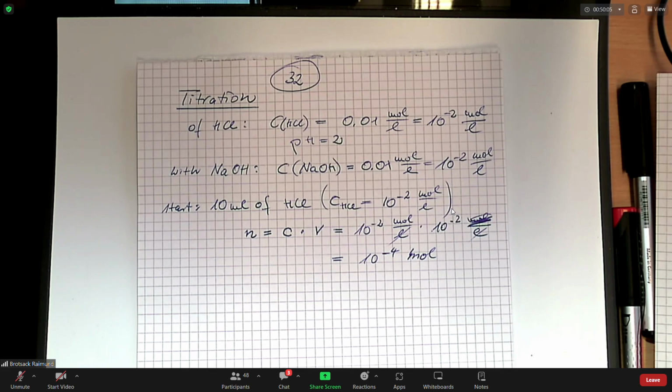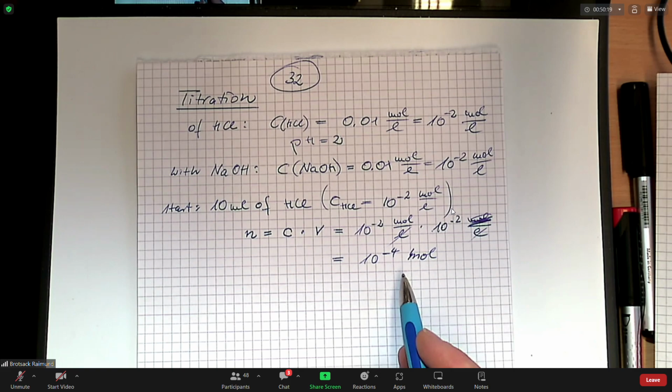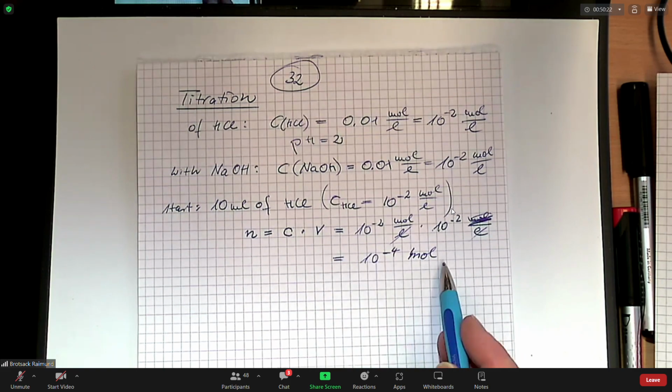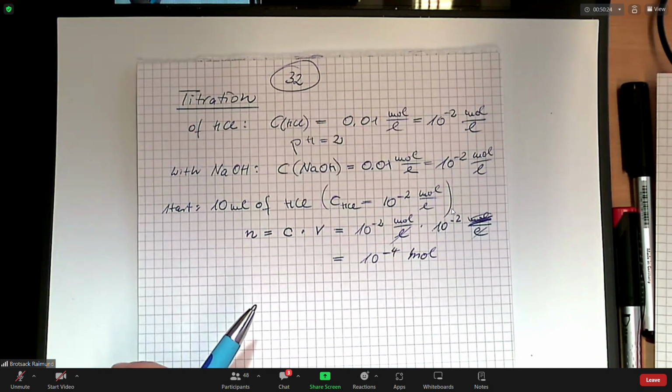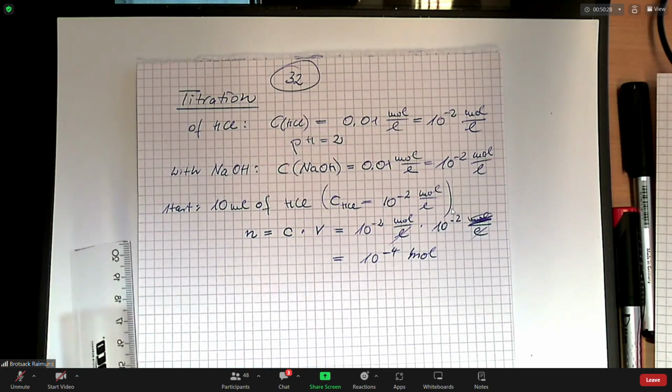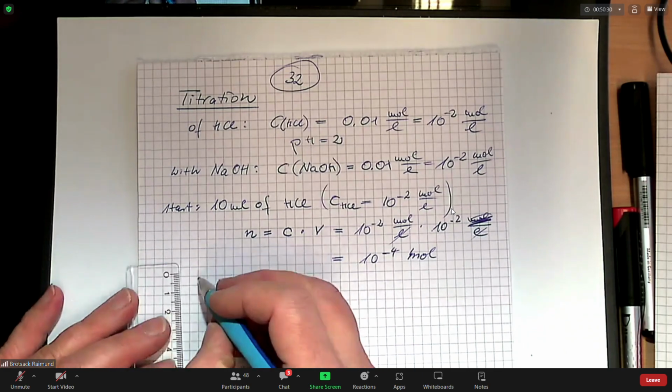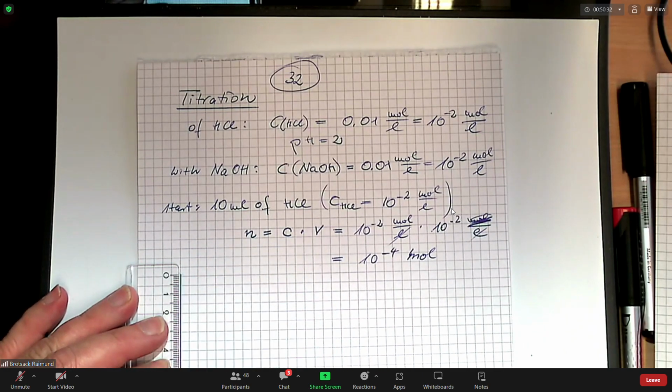And now when we want to neutralize, how many hydroxide ions do we need to reach a pH of 7? 10 to the power of -4. So we have to add exactly this number of moles of hydroxide ions. And we can do that step by step, drop-wise. Therefore, we draw a graph.